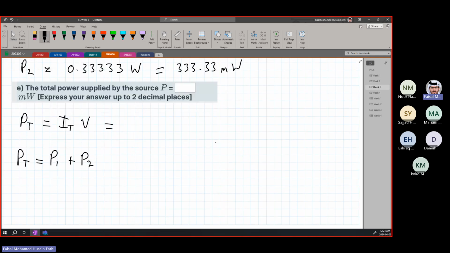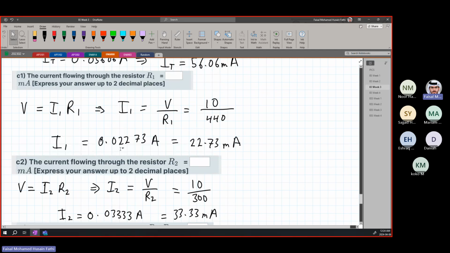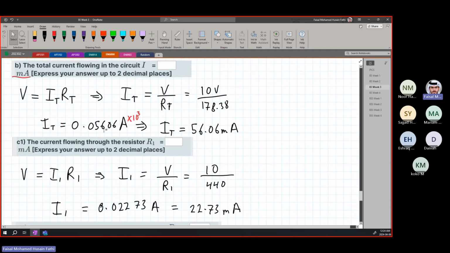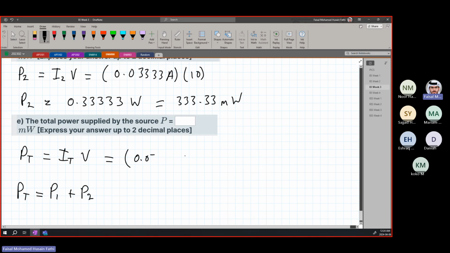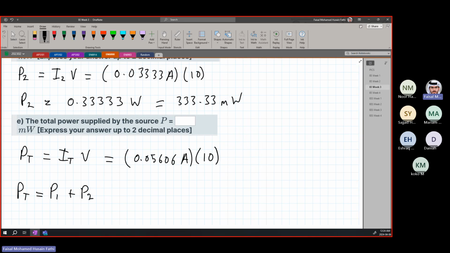And then, I total, we found it to be 0.05606 ampere times 10, which is the voltage.